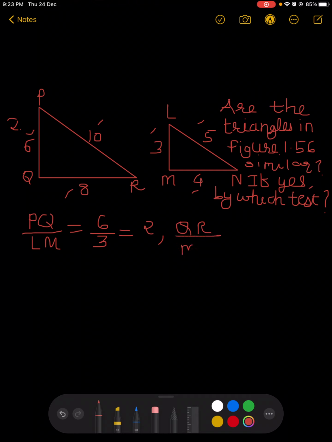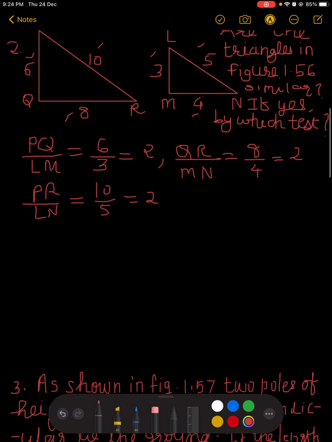QR is given 8, MN is given 4. The division becomes 2. And the last ratio is PR and LN, 10 and 5. It becomes 2. All three ratios are the same, the number 2.